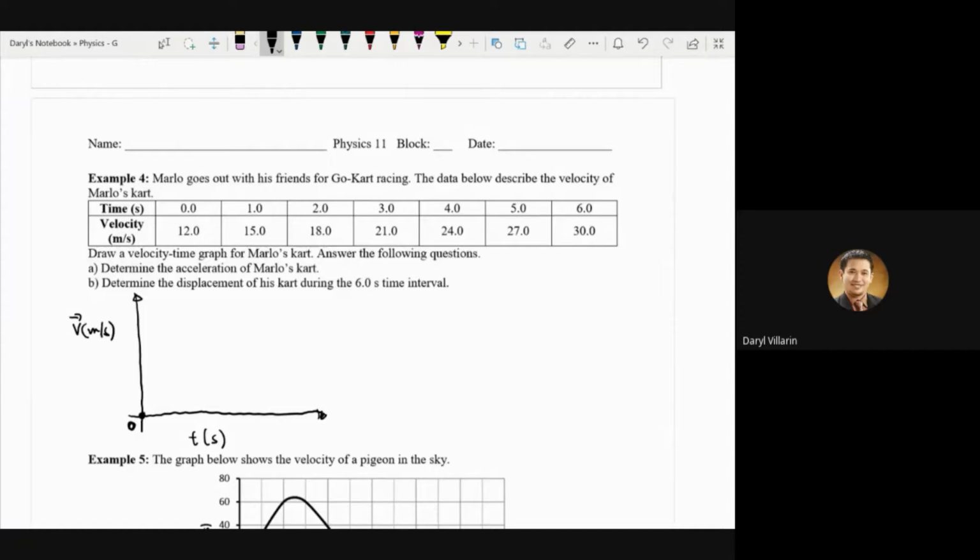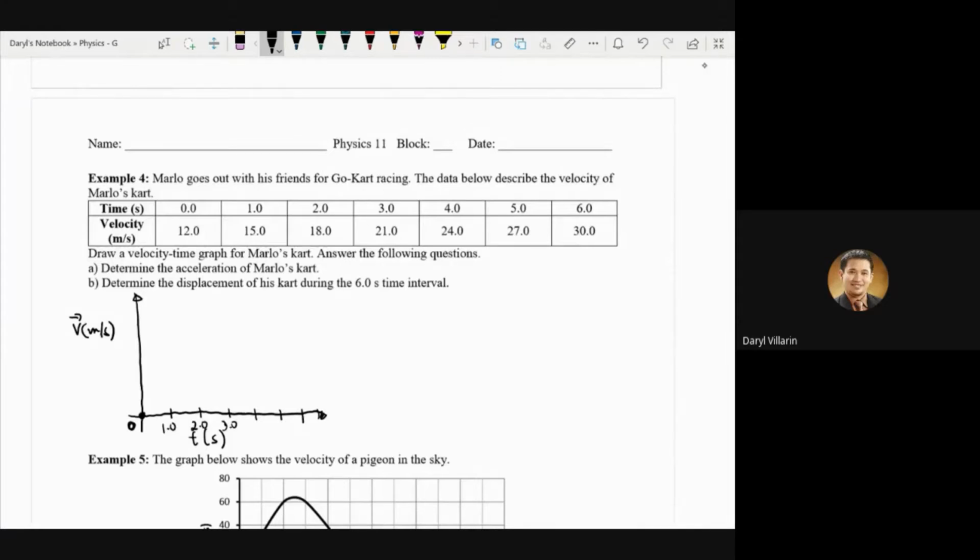To create my grid for time, I'm just going to look at the minimum and the maximum value. The maximum value is 6 seconds. So perhaps I can use a scale of 1 second: 1, 2, 3, 4, 5, and then 6.